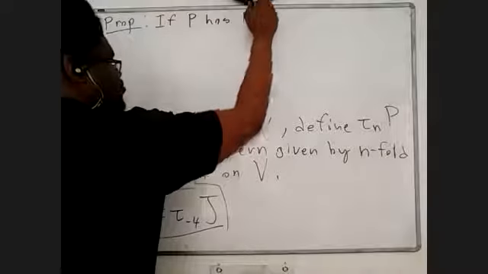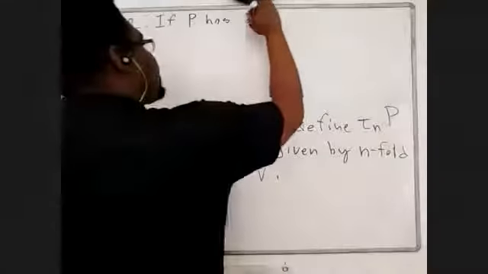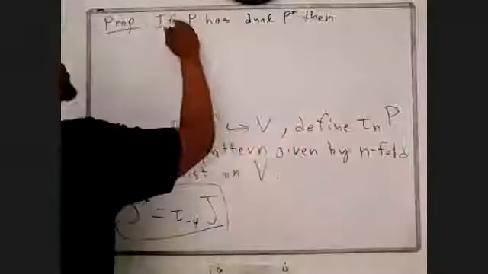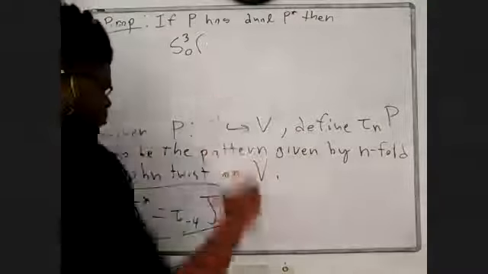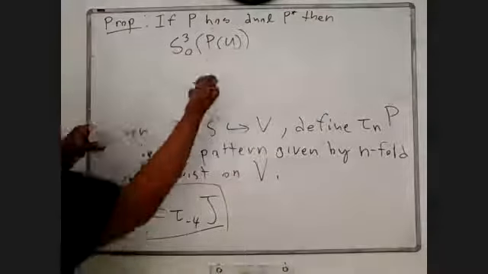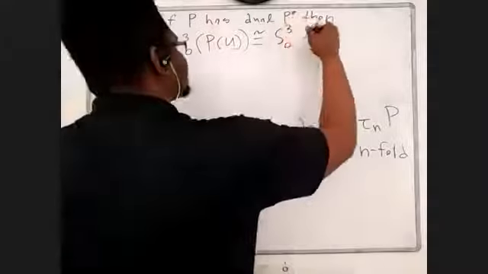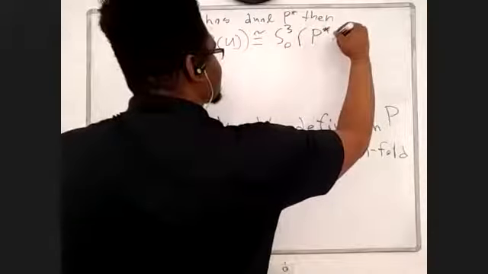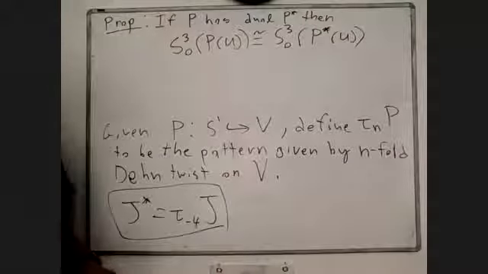If P is dualizable, then we know that if I do zero surgeries, when I put the pattern inside the unknot, I get the same thing.